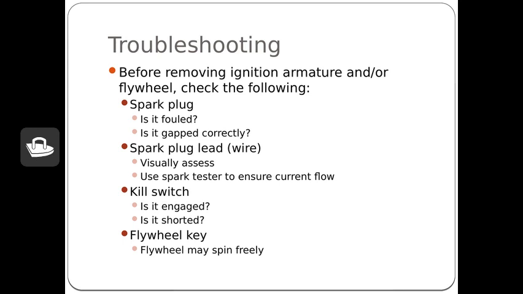If it's just spinning freely when you pull the starter rope, you're not going to engage the flywheel, and it's not going to spin by the armature and create electricity. So before we start removing the big components like the armature and the flywheel, check the spark plug, the lead wire, the kill switch, and the flywheel key.